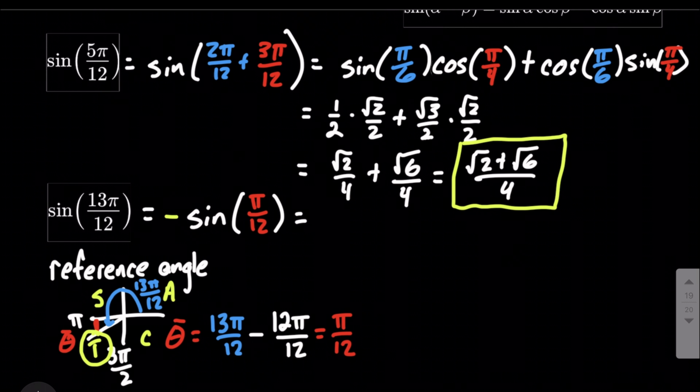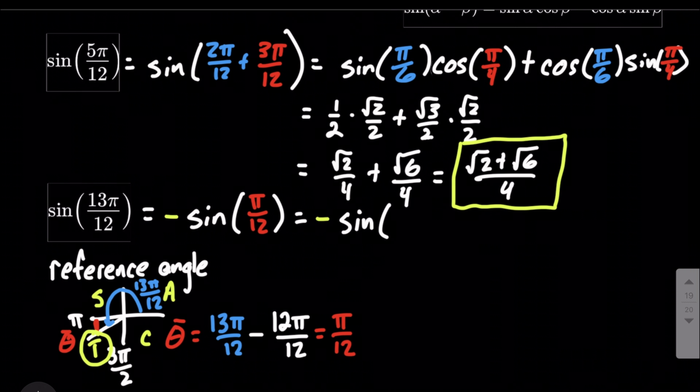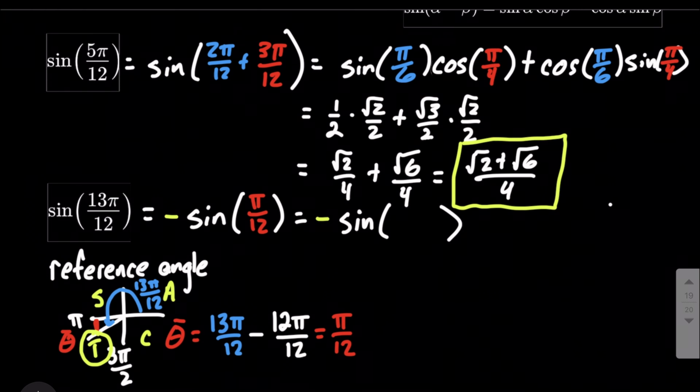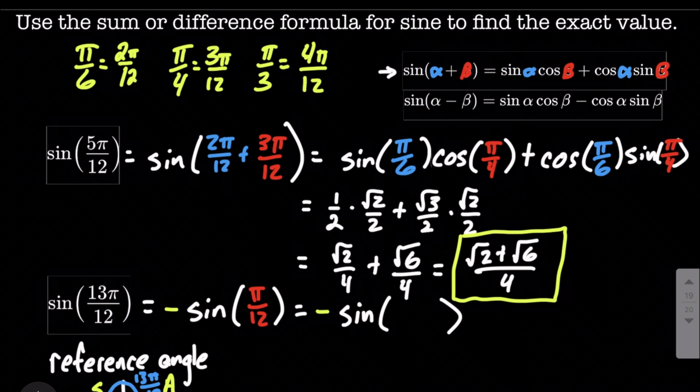Next, let's try to rewrite this. I'm going to bring along a negative, and this will be sine of, remember, we're trying to go back to one of these nice angles that we've rewritten. So we have a denominator of 12. We could do either 3 pi over 12 minus 2 pi over 12 to make 1 pi over 12, or 4 pi over 12 minus 3 pi over 12. Either way, we'll get to the exact same solution, so it doesn't really matter.